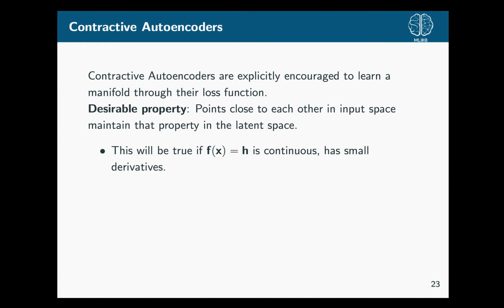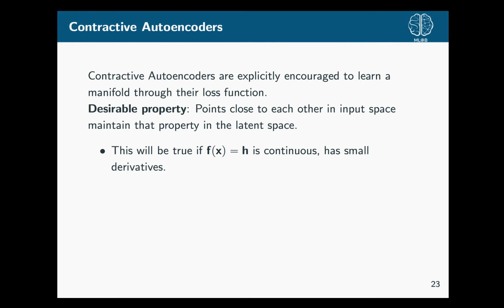So a similar idea is to look at the actual derivatives of the latent space characteristics. You want points that are close to each other in input space to also be close to each other in latent space. That sounds intuitively reasonable.